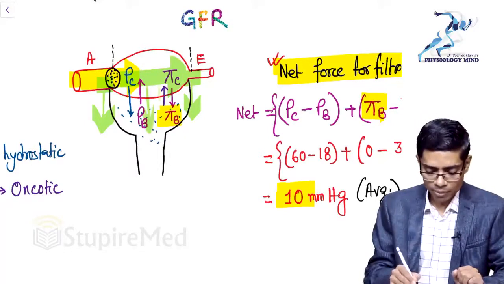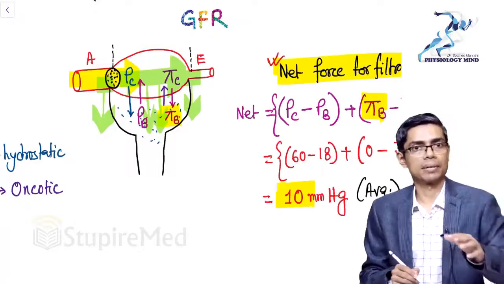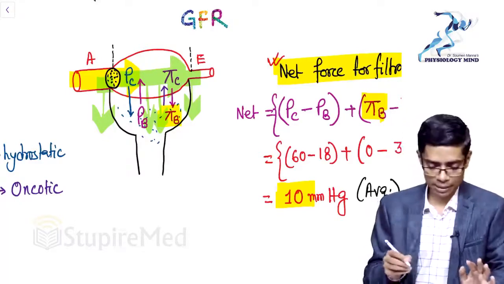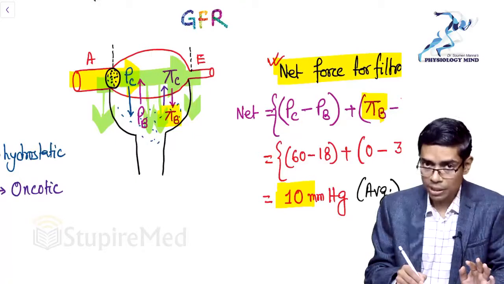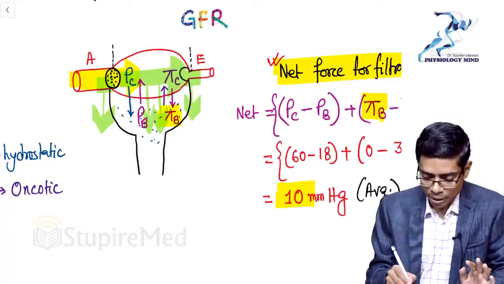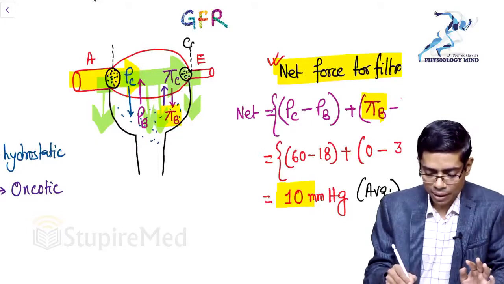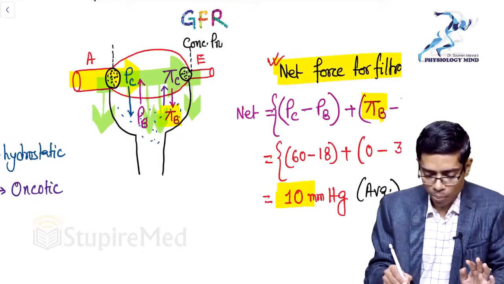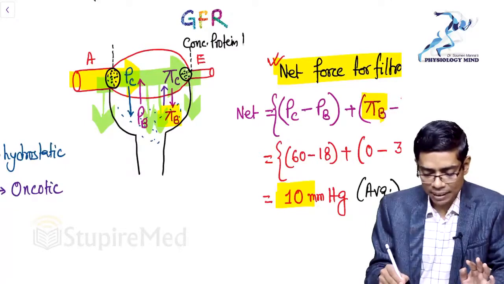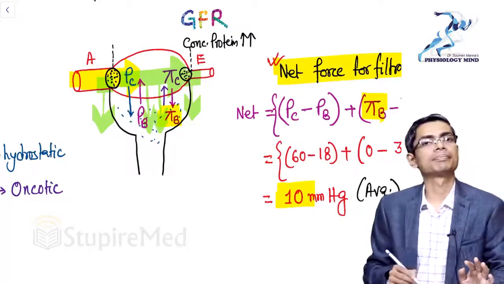Some amount of water will be filtered and some amount of solute will be filtered. But protein is not going to filter. So what will happen to the concentration of protein in the other region? I can say the concentration of protein at the efferent end will be higher.